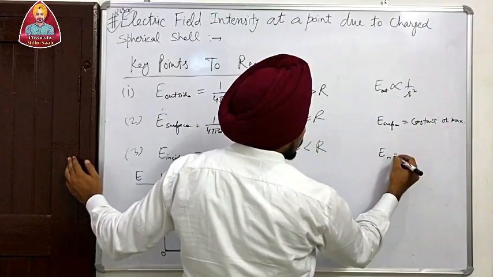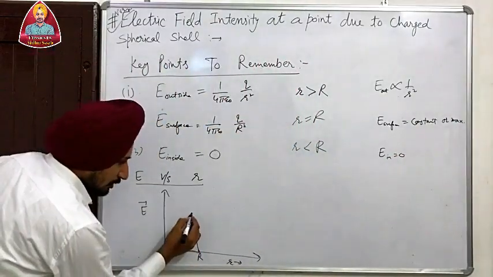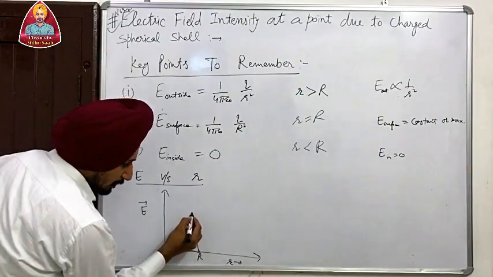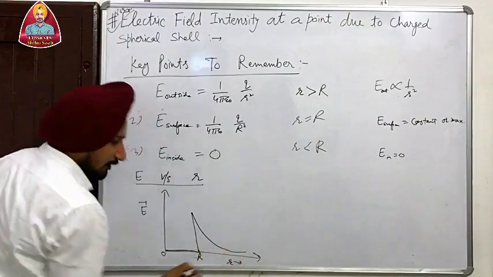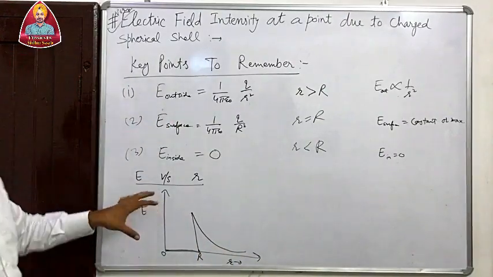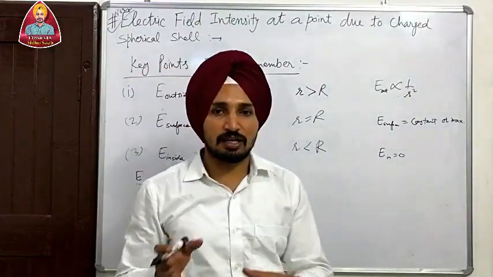E inside is 0. So we can write here E outside will be inversely proportional to r square, that is a decreasing graph. This is the graphical representation of electric field intensity due to a spherical shell.